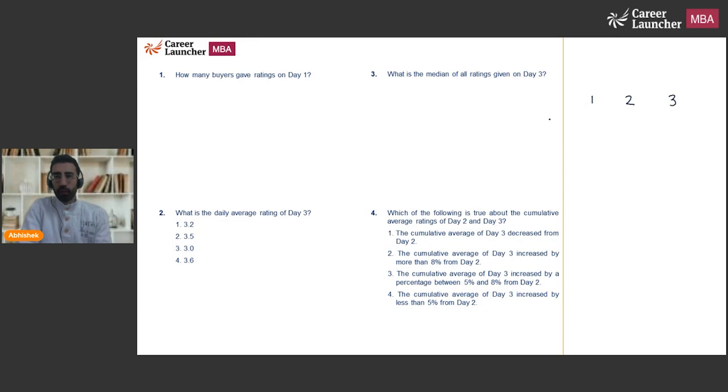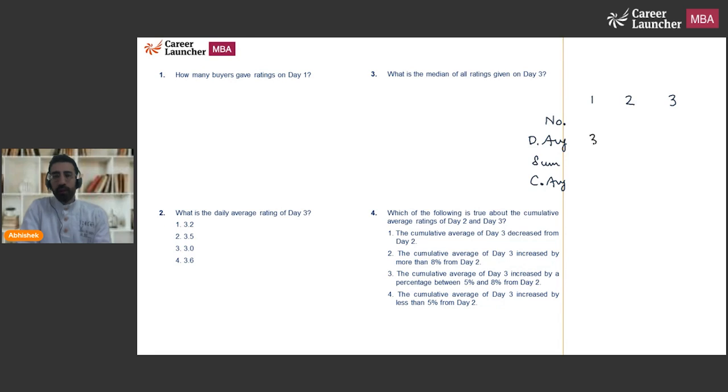Day 1, day 2, day 3, number of people that rate, daily average, and then cumulative average. In fact, maybe we should have number of ratings into daily average, which is the sum of all ratings, and then I think we can do cumulative average, so that'll help.